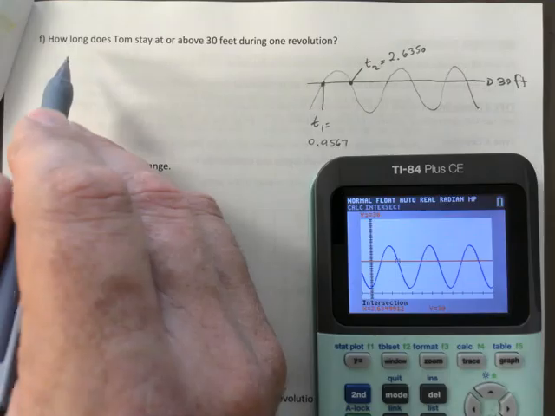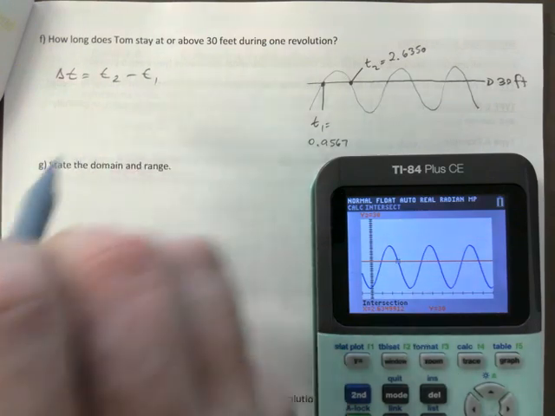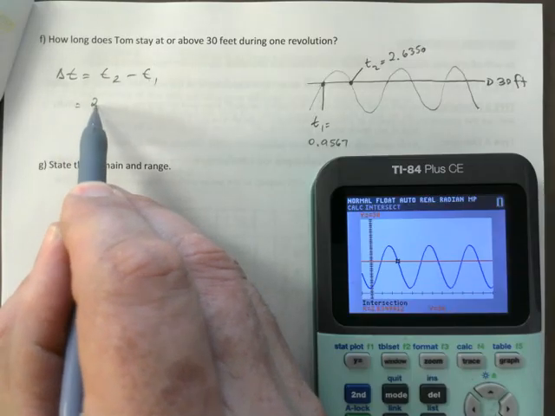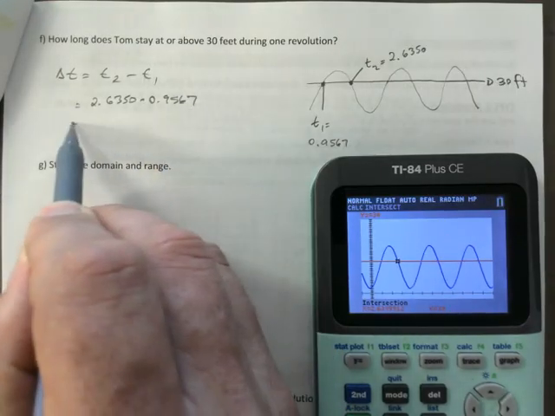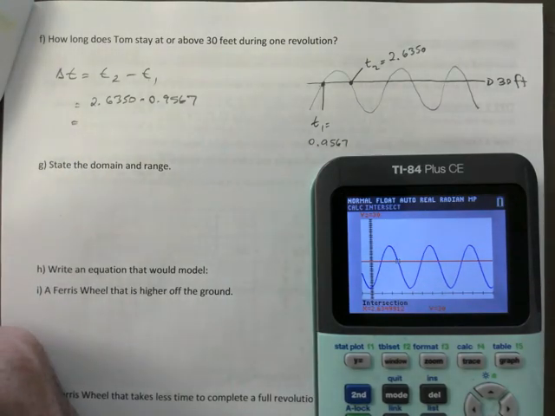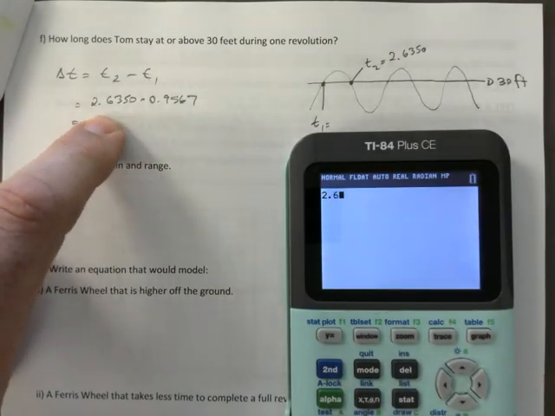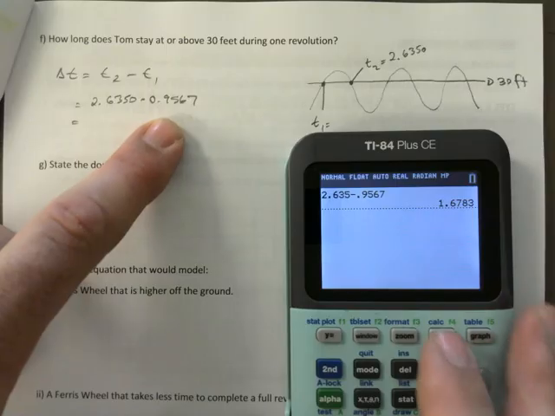Okay. All right. How long? So it's delta time. It's time 2 minus time 1, on its way down and on its way up. So we're just going to go 2.6350 minus 0.9567 and we get 1.68.